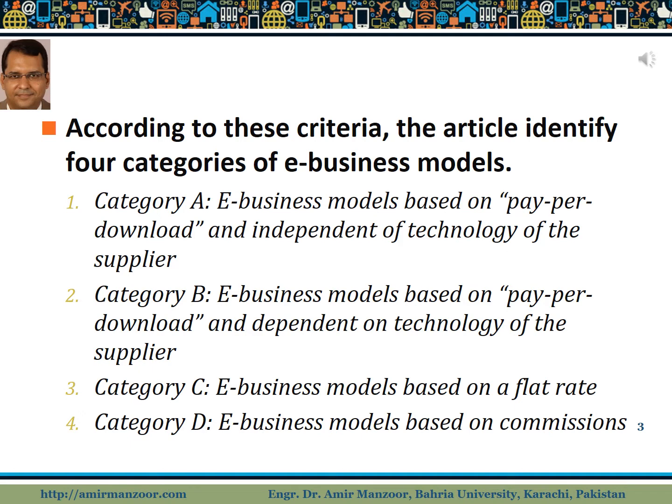As you can see in the article, this category is very similar to the traditional distribution channels. This type of business model offers well-known media content, for example, songs of international music charts, in a data format, for example, WMA or MP3.